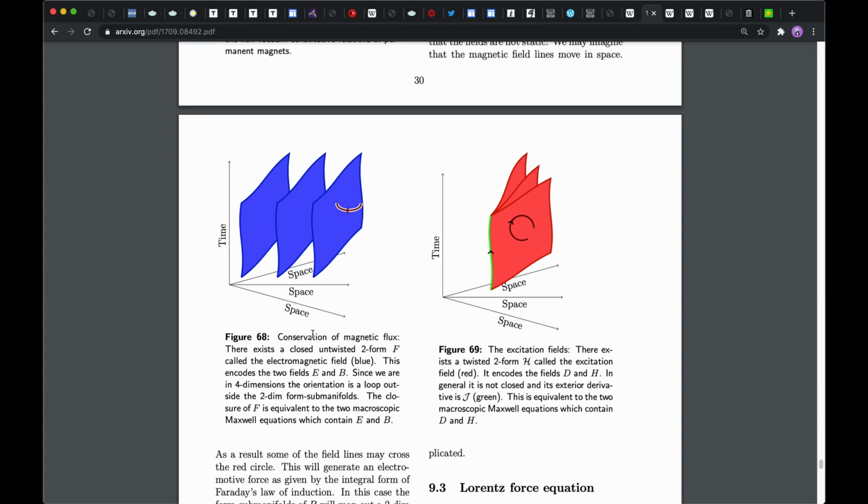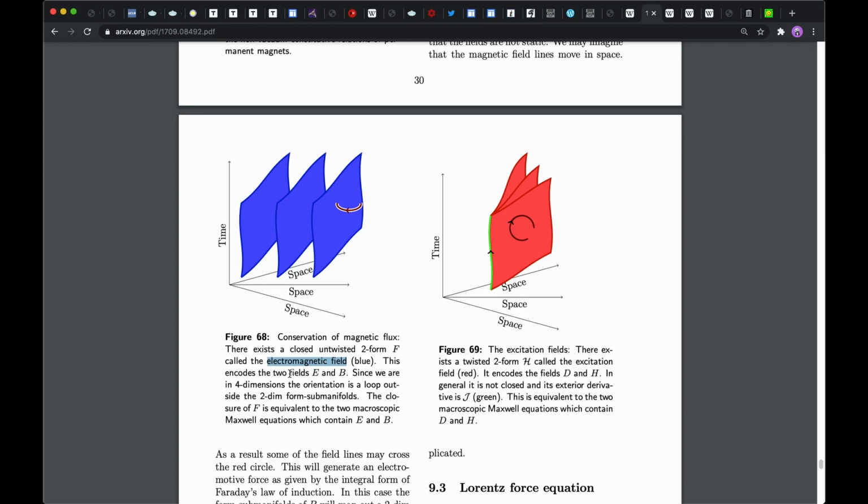Now on figure 68, what we have here is basically our Maxwell or Faraday tensor, the twisted two-form F, and we can call that the electromagnetic field.